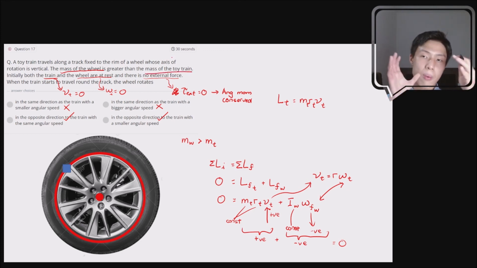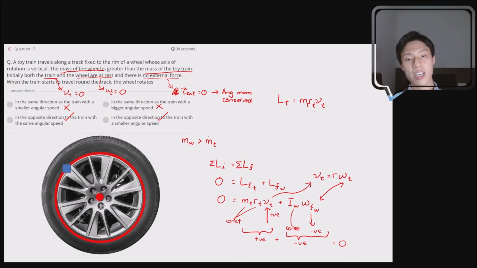That means the wheel will not be able to rotate so easily because it has a greater moment of inertia. The moment of inertia for the wheel will be much greater than that for the train. Therefore, the angular velocity for the wheel will be much smaller than the angular velocity of the toy train.